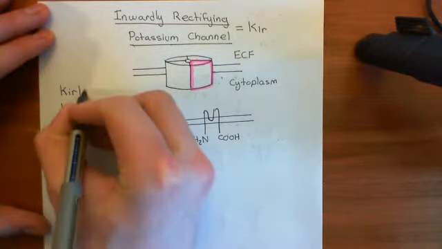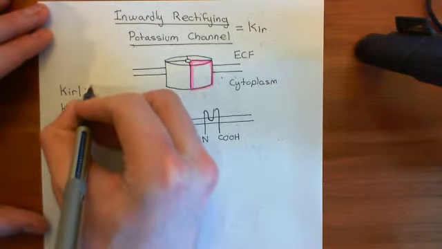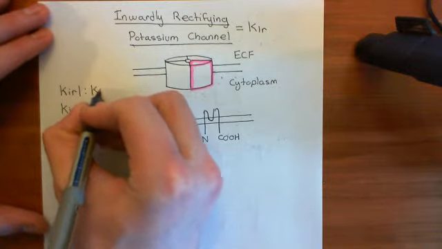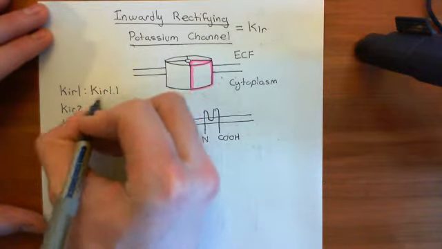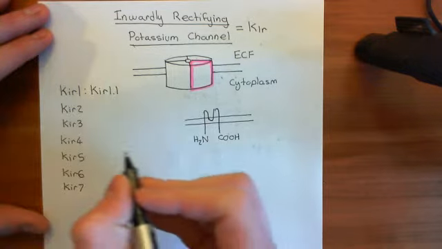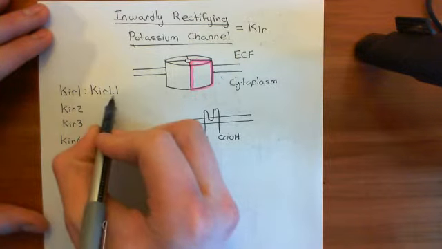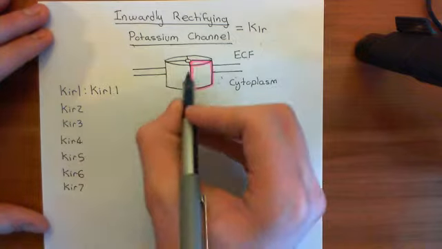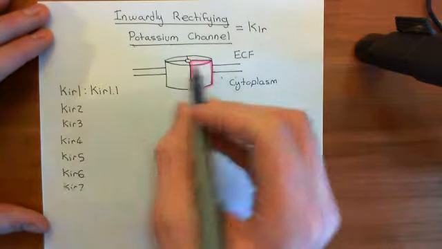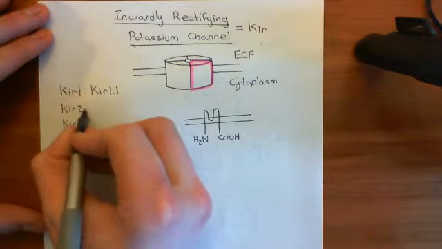Within the first family you only have one member, the KIR1.1 gene, which produces the KIR 1.1 subunit, which makes up a quarter of an inwardly rectifying potassium channel.